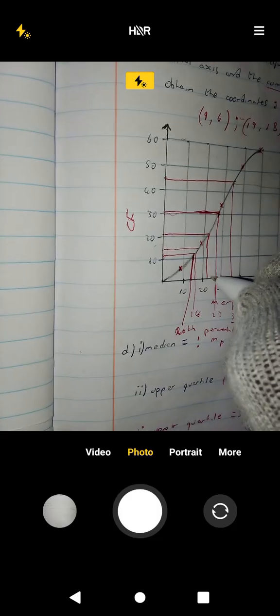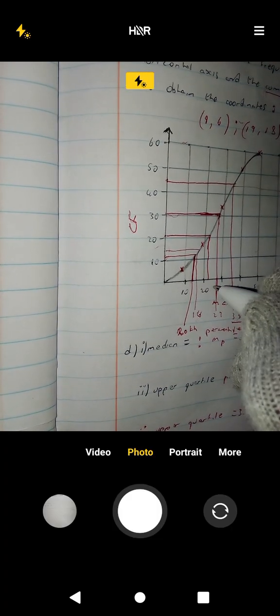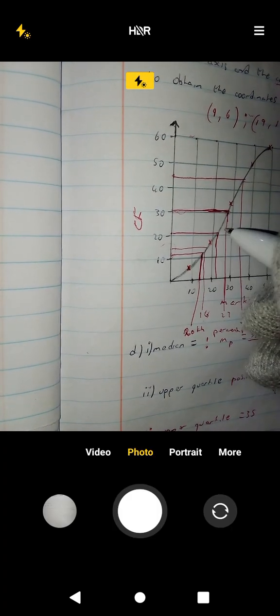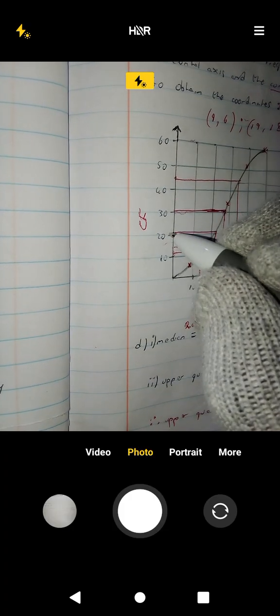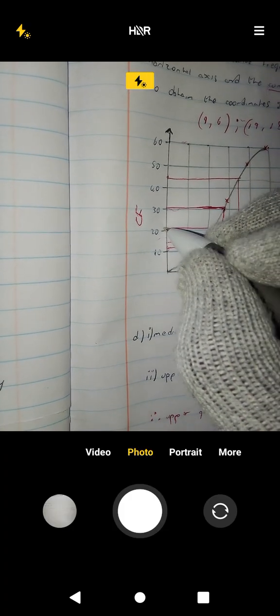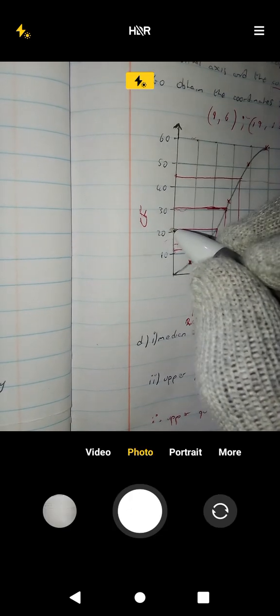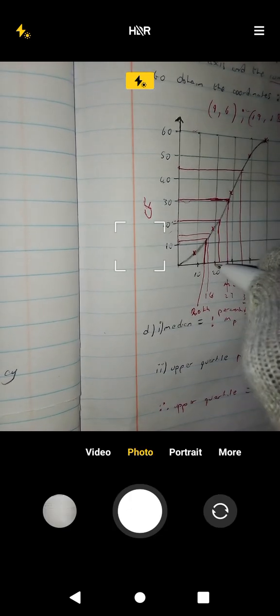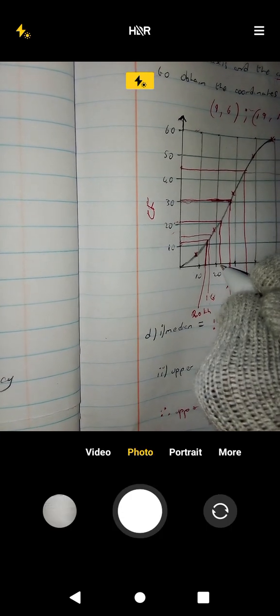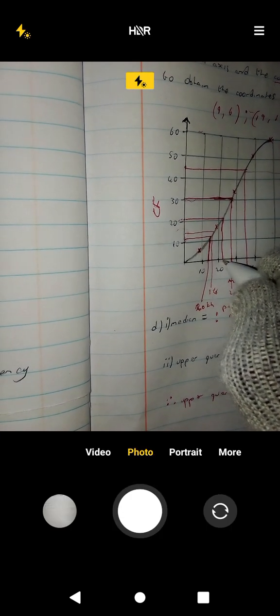and a vertical line. So you should have a way of labeling that this is the 35th percentile position. This is the 35th percentile.